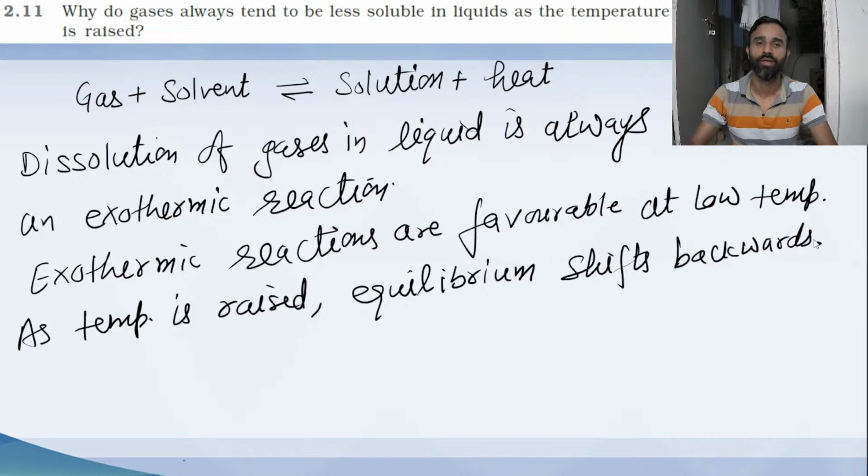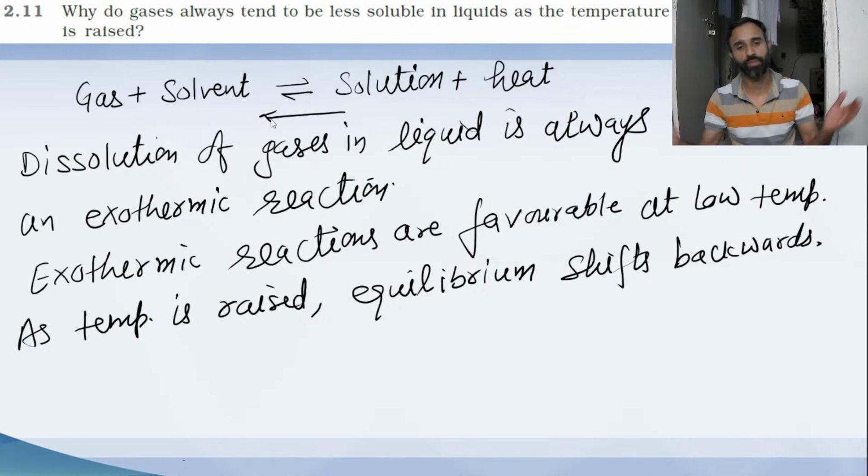That's why gases tend to be less soluble in liquid as the temperature is raised. So this is the reason, because dissolution of gases in liquid is always an exothermic process, and exothermic processes are favorable at low temperature.